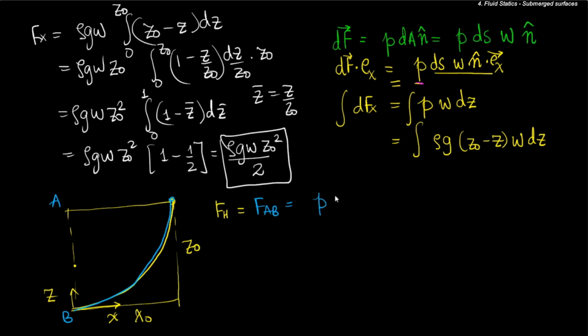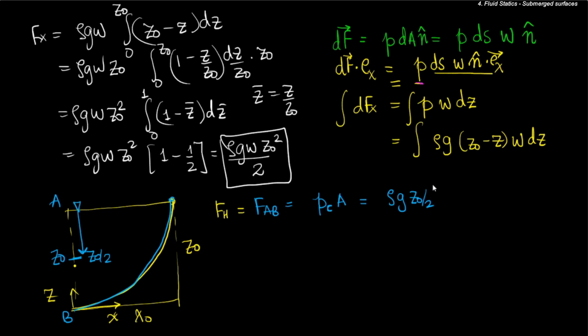pressure acting at the centroid times the area, and this area would be z0 multiplied by the width into the plane, and the pressure at the centroid would be rho g. The centroid would be at z0 upon 2 from the free surface.